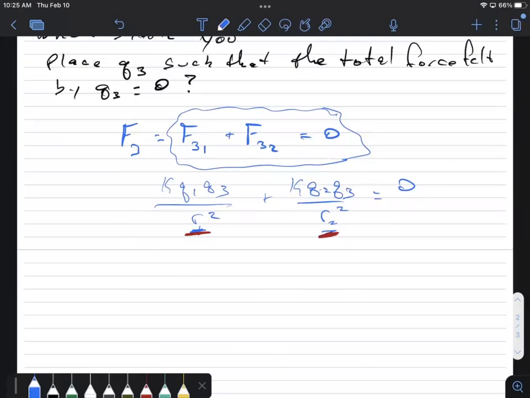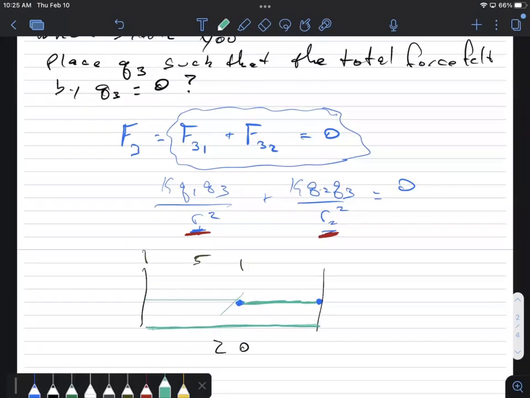What I know is the distance from here to here is 20, and the distance from here to here is 5. The question is, what's this distance right here? Well, the whole 20 minus this 5 gives me what I need, which is 15.